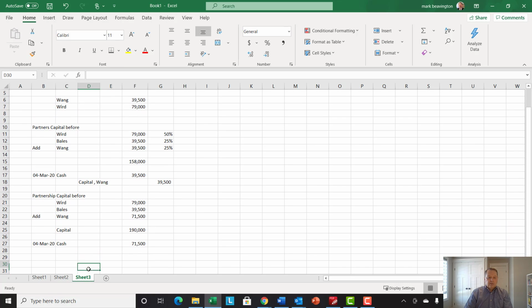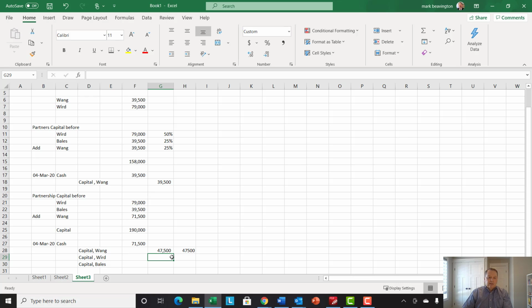And then we've got some partners' capital accounts: capital Wang, capital Word, and capital Bales. We know that there's 190,000 in total capital, and Wang gets 25% of that. So that number is 47,500. Wang has 47,500 worth of capital.